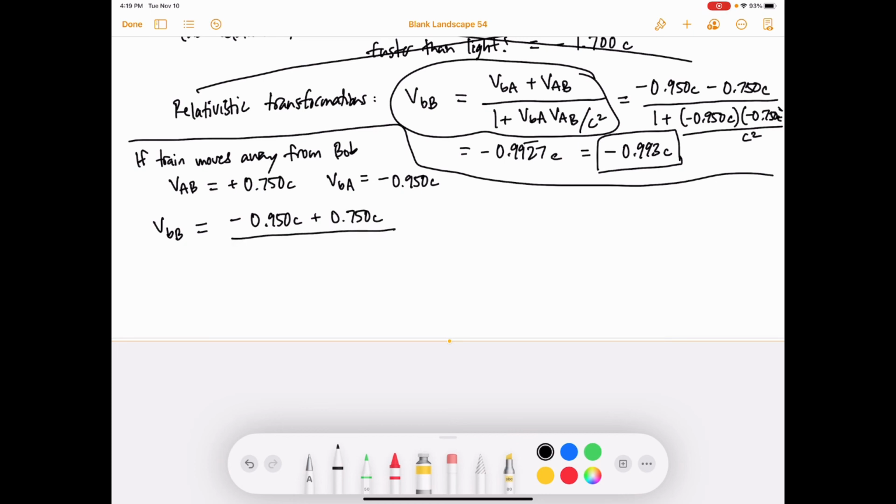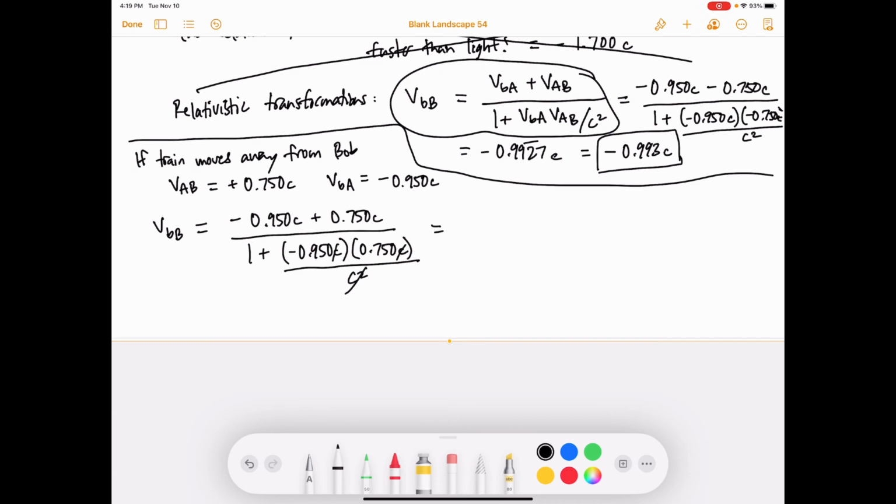Then divide that by 1 plus, those two velocities again, 0.950 C times 0.750 C over C squared. So the C's will cancel, as I was saying earlier.